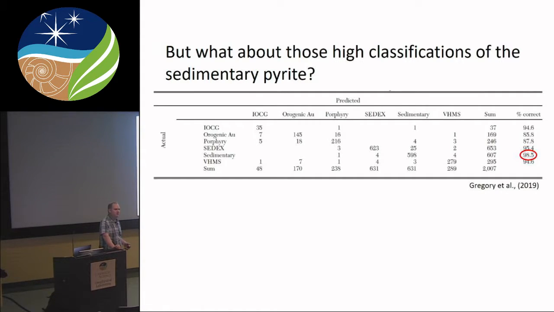So yes, you would want to know, if you didn't have any intrusive rocks and it came back as porphyry, that would be a pretty good indication that it's not working correctly. But we were aiming at using pyrite chemistry to get fluid chemistry, so we were kind of stuck with using that as our tool.